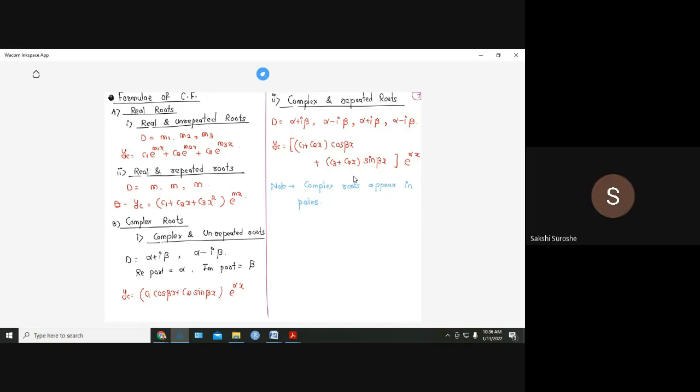Those who want to understand how these formulas are obtained, you can refer to the notes that I have posted on the Google Classroom. Last time when I taught the same subject to the civil engineering students, we had much time.